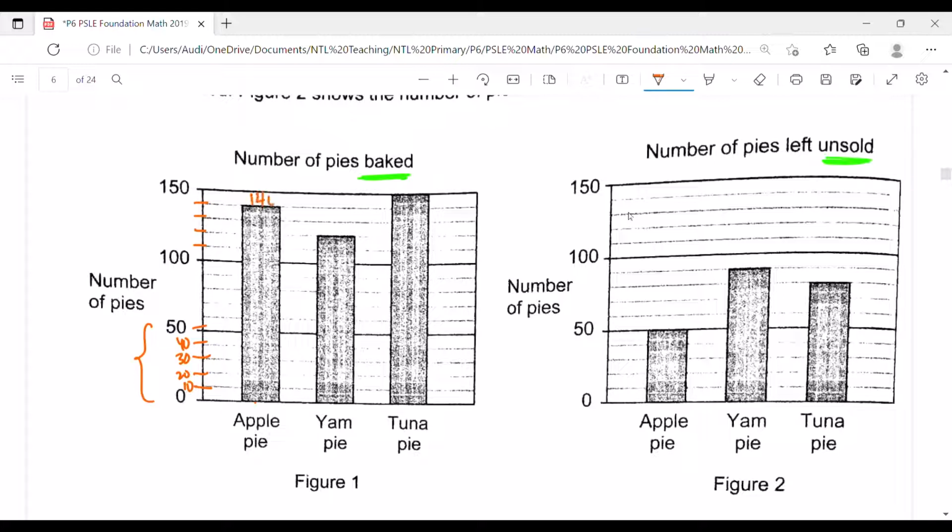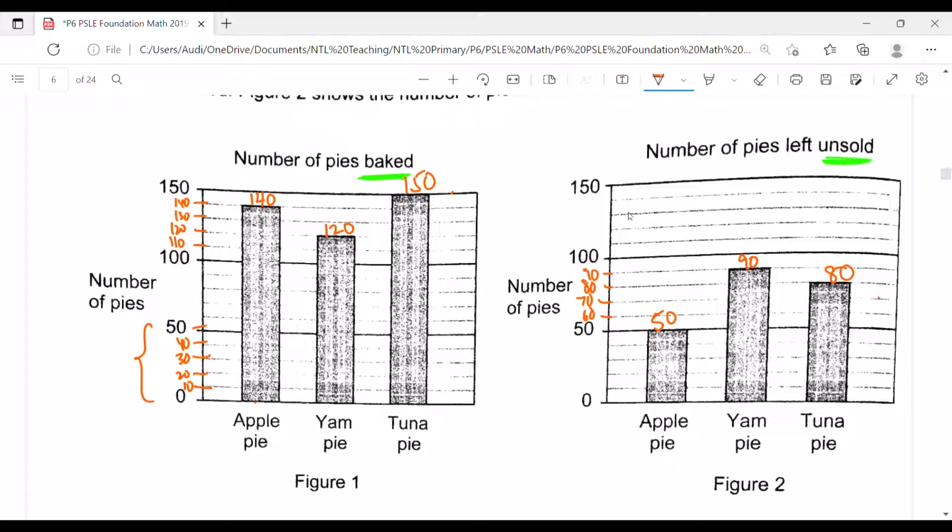This is 140. So this must be 120, right? This is 110, 120, 130, 140. This is 150. On the right hand side, this is 50. This is 60, 70, 80, 90, 100. So this is 90. This is 80.